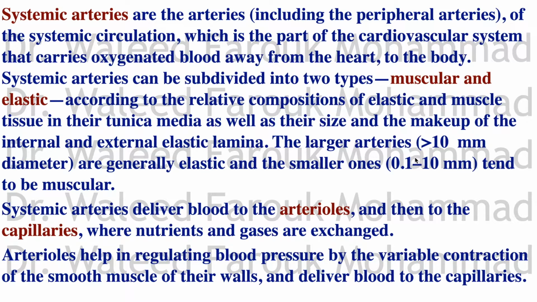The larger arteries are generally elastic, and the smaller ones are generally muscular. They deliver their blood to the arterioles and then to the capillaries, where the exchange of nutrients and gases occurs. And arterioles help in regulating blood pressure, as mentioned before, by the variable contraction of the smooth muscle of their walls.